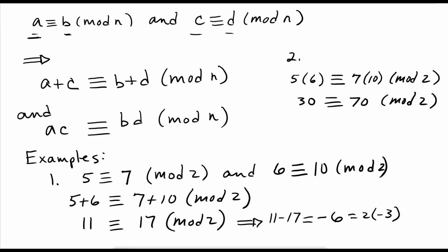Well, 30 minus 70 gives me a negative 40. So, of course, negative 40 is a multiple of 2. But also when I divide 2 into 30, I get a remainder of 0. When I divide 2 into 70, I get a remainder of 0. So they both have the same remainder.